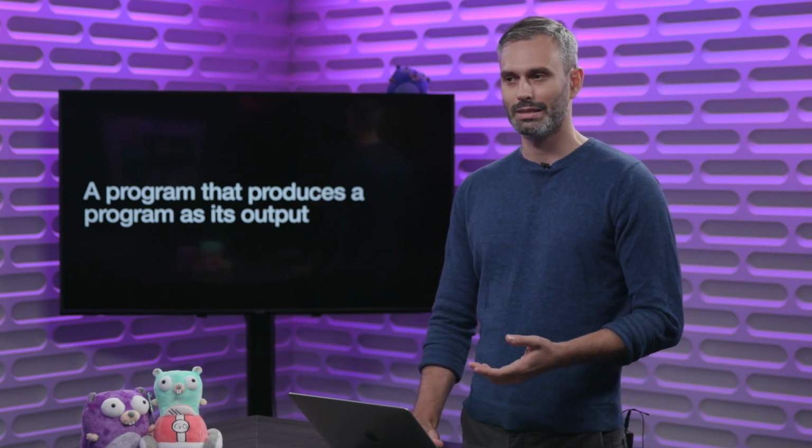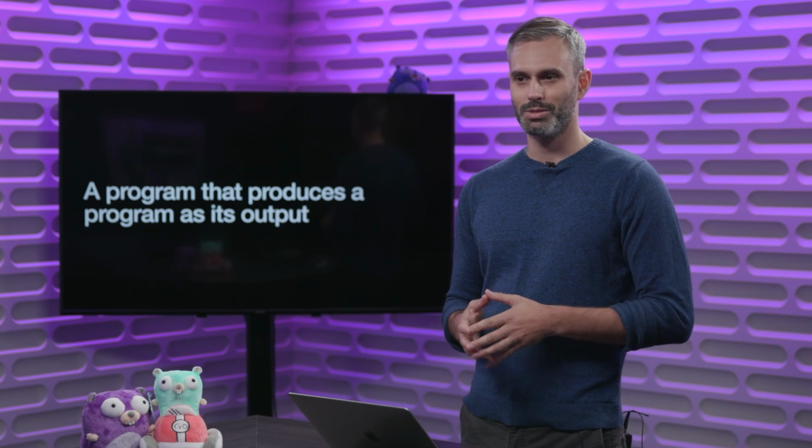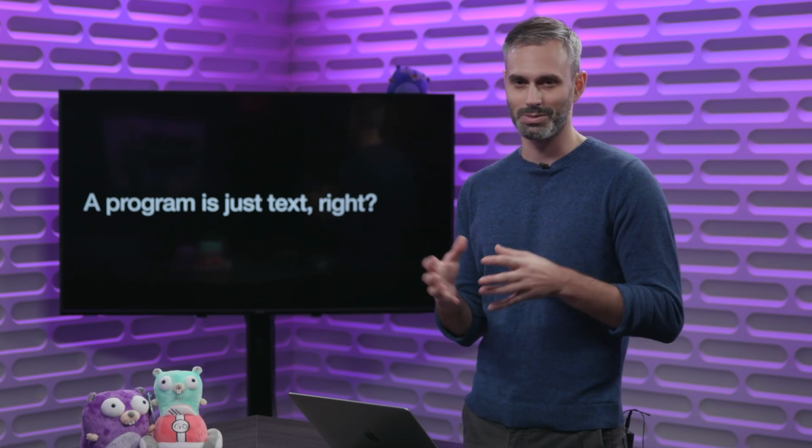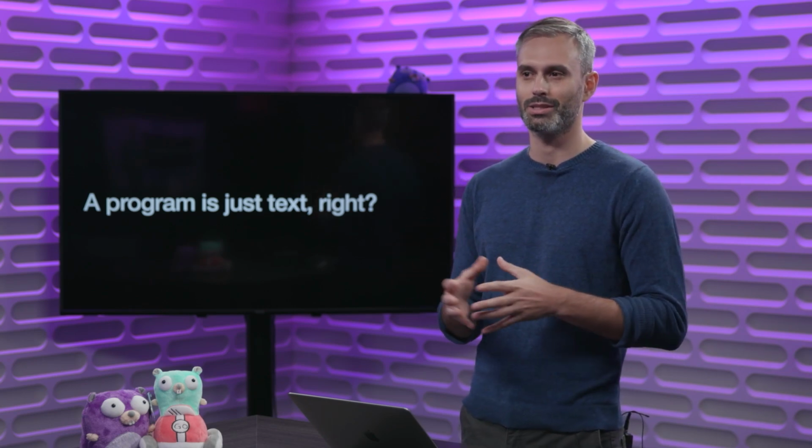When you think about it, you might be saying, well, if I'm generating a program as an output, isn't a program just text? Isn't it source code? If you put aside the meta discussion about what is a program, and focus more on the concrete implementation of it, our programs are source code.